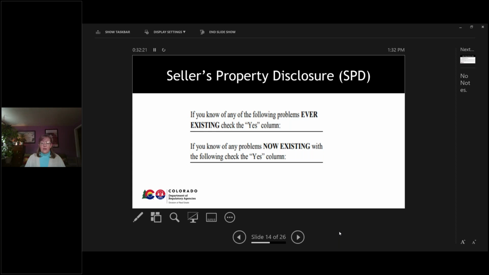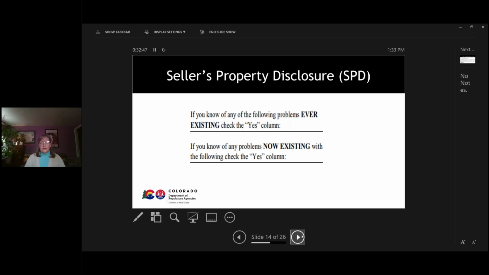It covers environmental conditions, and environmental conditions can include whether there were pets kept in the residence, is there asbestos, is there radon? Colorado is known for expansive soils. It asks about that. Did you smoke in the property? Is it located in a floodplain? And it also has questions about common interest communities.